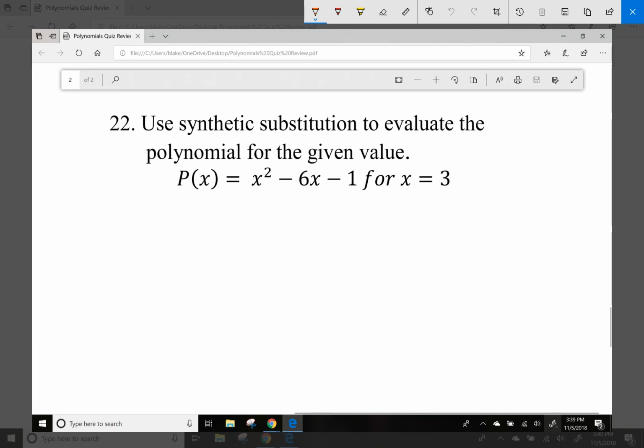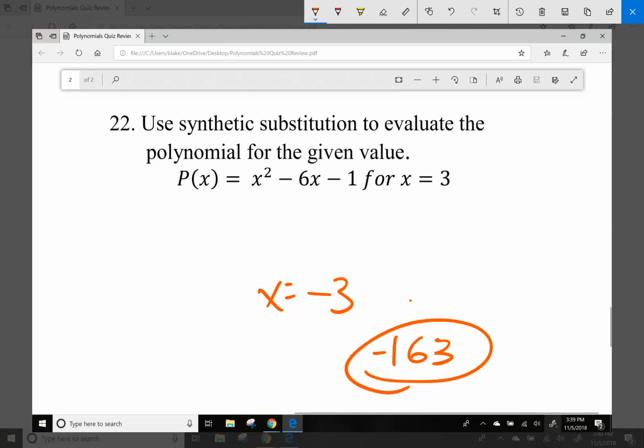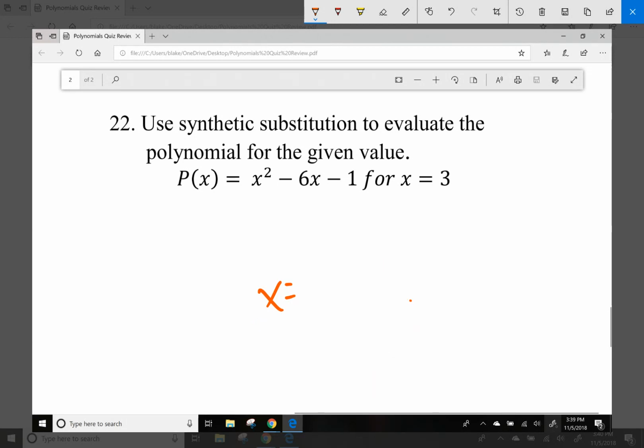So that's referring to x being -3. And the remainder for that one was -163. So x was -3, and the remainder was -163. So the remainder is really the y value for that x value. If you plug that x value into that function, you would get a y value of -163. So it's kind of a neat connection that the remainder is sort of the y value.